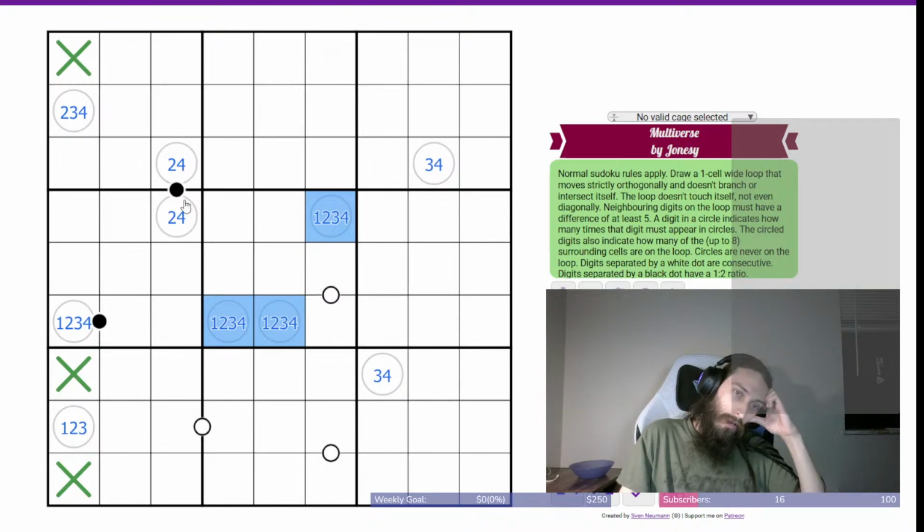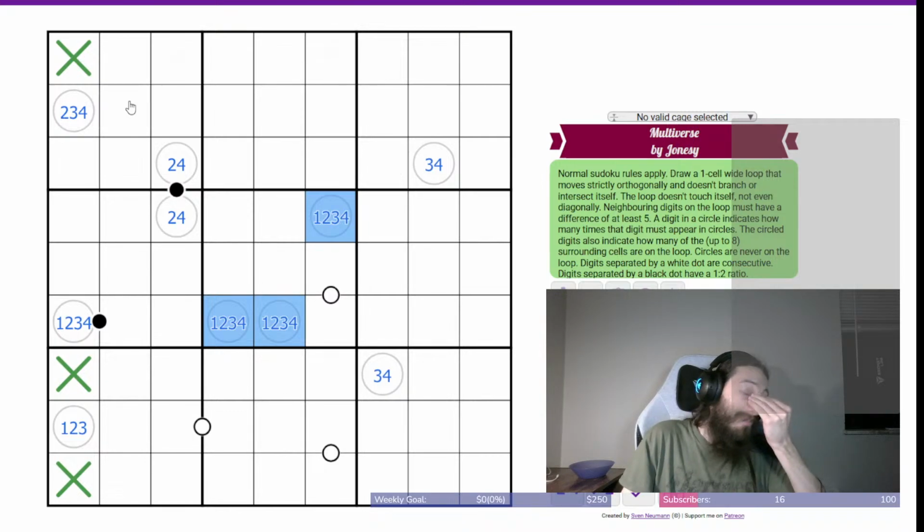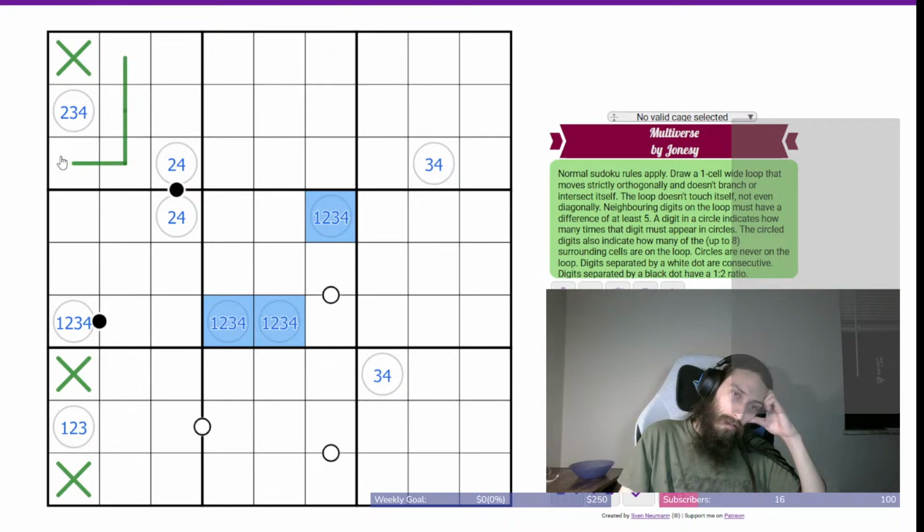But we know that one of these two is a 4. So I can only take up 6 of these 10 cells? And I have to take at least 2 of these.